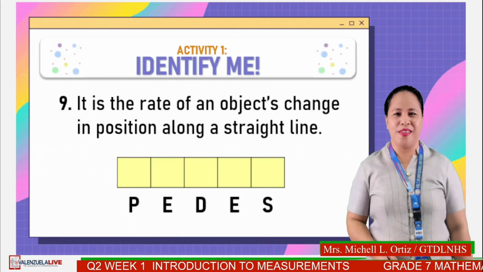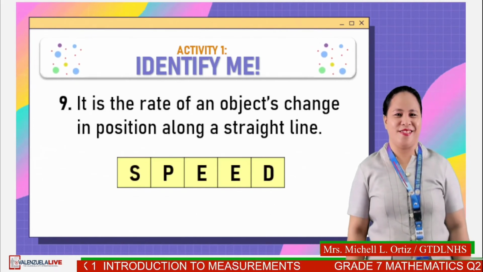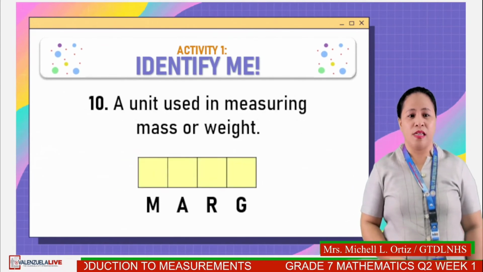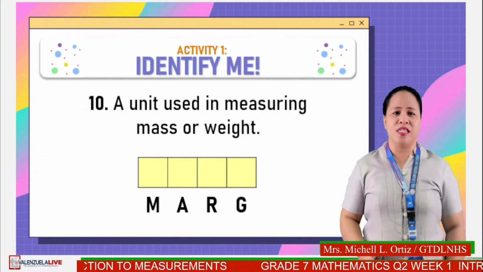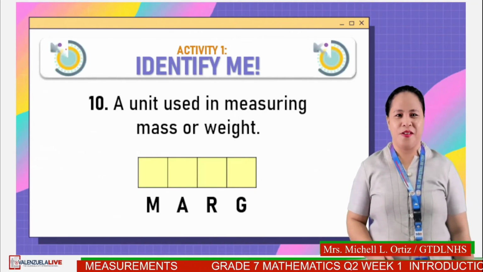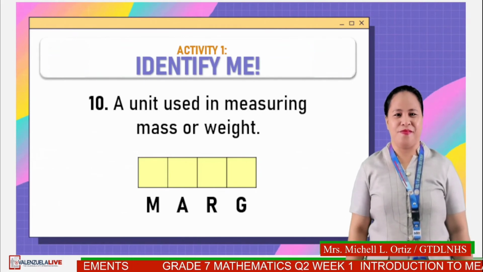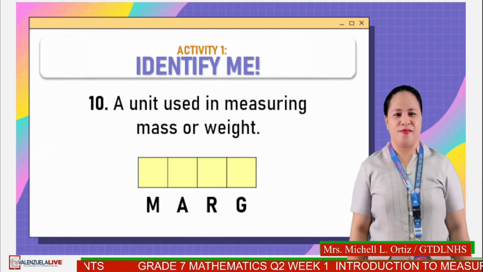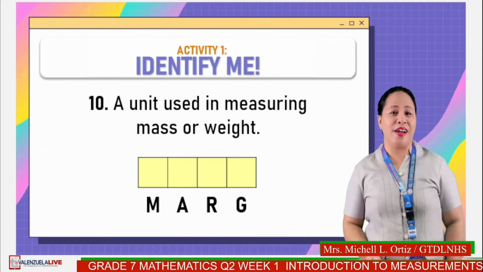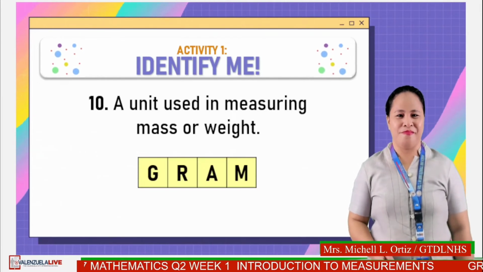Time's up. The correct answer is speed. Number 10. A unit used in measuring mass or weight. 5 seconds, go! Time's up. The correct answer is gram.